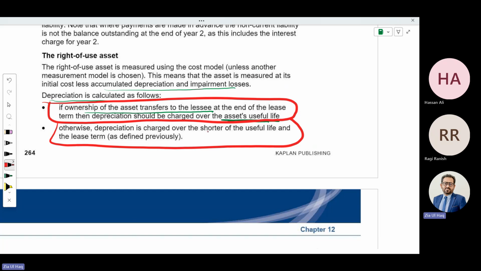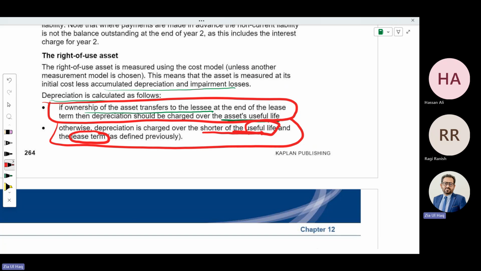So otherwise depreciation is charged over the shorter of the useful life and the lease term. Obviously, the lease term will not be more than the useful life of the asset. It will always be lesser. It will not be that the useful life of the asset is 5 years and you have got that asset on lease for 9 years. No, if useful life is 5 years, what will you use for the remaining 4 years?